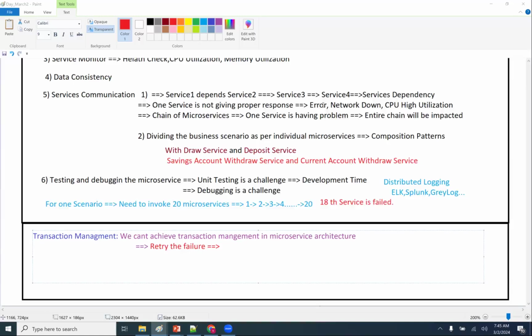My question is, while placing an order in Amazon, did anyone get a payment failure at any point of time? Yes. What is your observation on the payment failure? Are they doing transaction management, or what have they done?